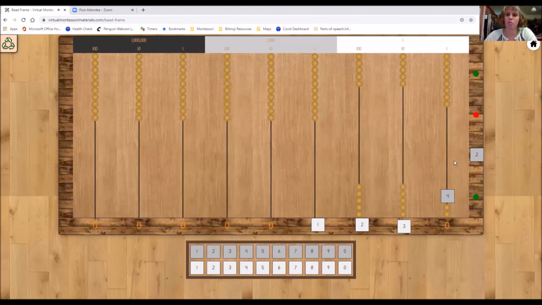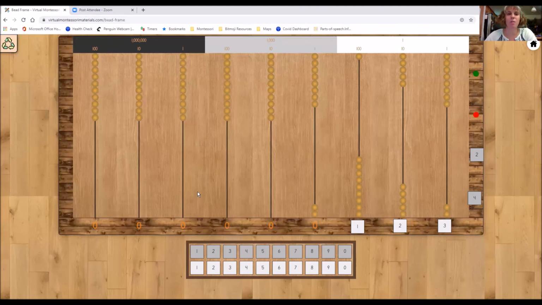Okay. 2 times 2. 2 times 2 is 4. 1, 2, 3, 4. And 1 times 2. 1 times 2 is 2. Okay. Now we have our numbers. I'm going to put these back over. 123 times 24 gives me 2,952.